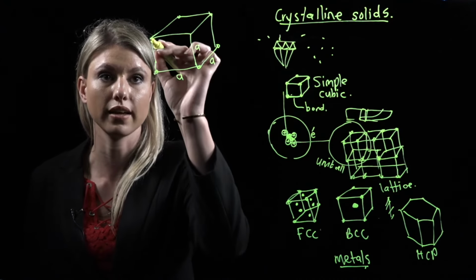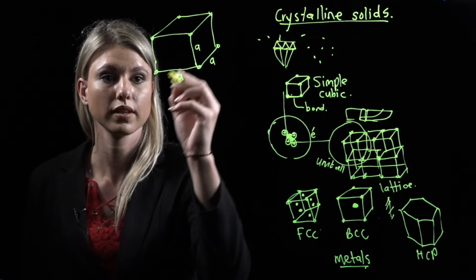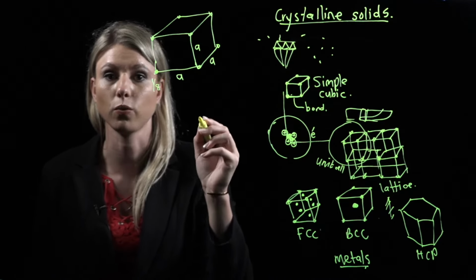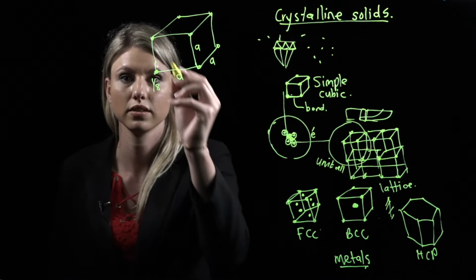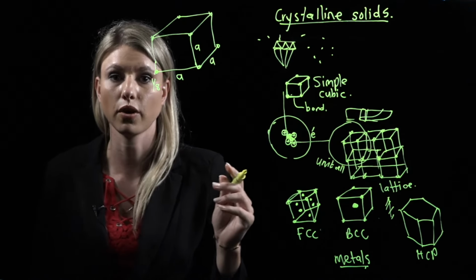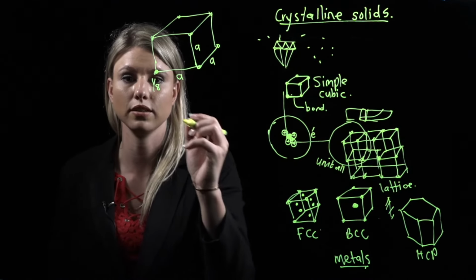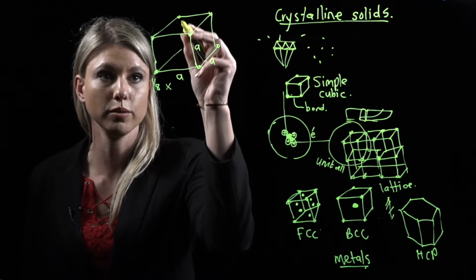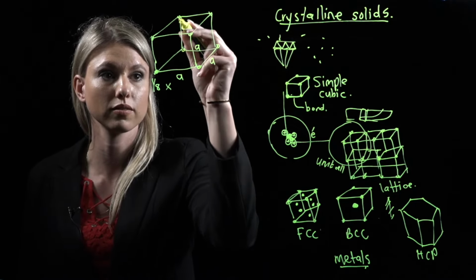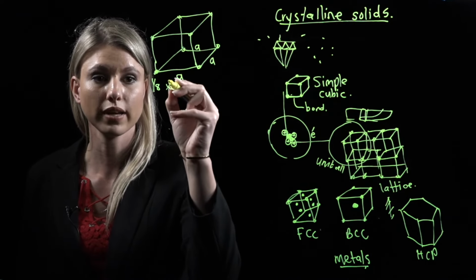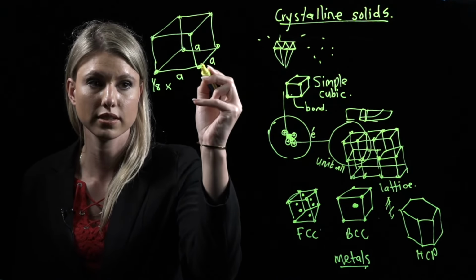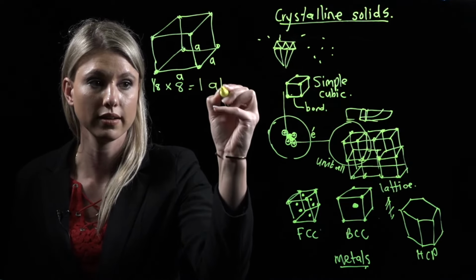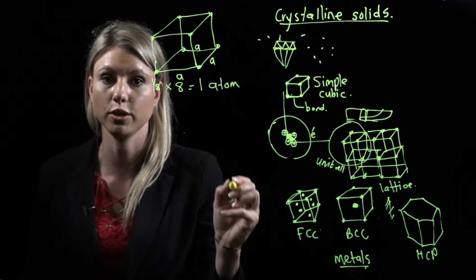So at the end of the day, this, in a 3-dimensional picture, only makes part 1/8 of the unit cell. To get the total number of atoms in this single unit cell, as there are 8 corners in the cube, let's complete the cube. We have 1/8 of an atom on each side, times 8 for each corner, and we only have 1 atom in a simple cubic unit cell.